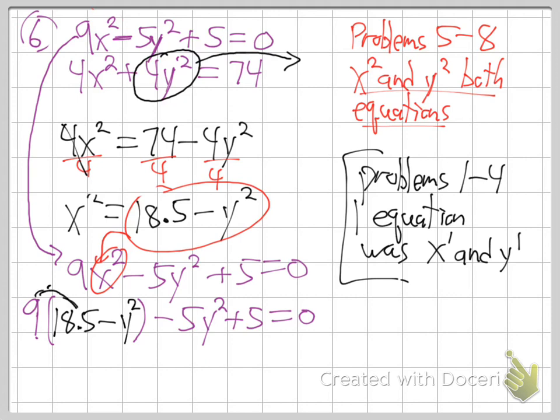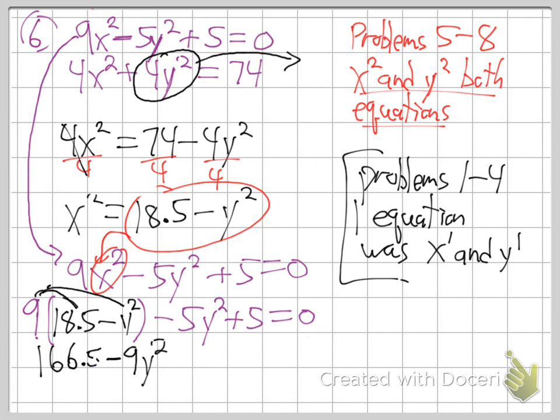What's 9 times that? 166.5. 166.5 minus 9y squared.